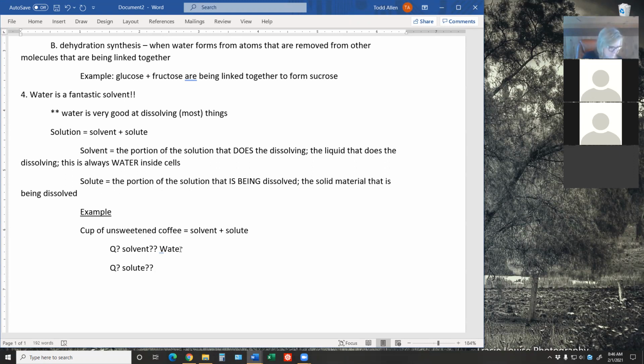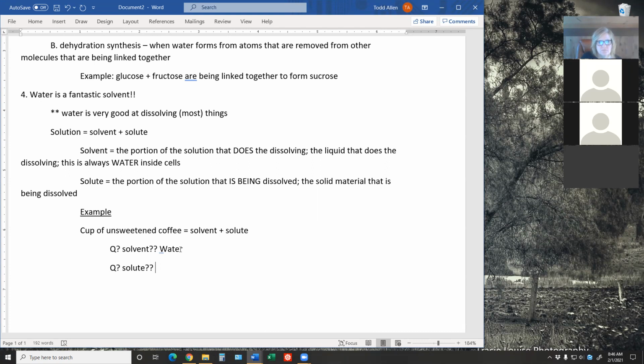Okay, so Robin, I see you say coffee, and I think you're probably right. Let's maybe be just a little bit more precise. Coffee grounds, okay, very good, right? So in other words, why does the water that you use to brew the coffee become a dark brownish black? It's because the water is dissolving the pigments from the coffee grinds to turn the water black.